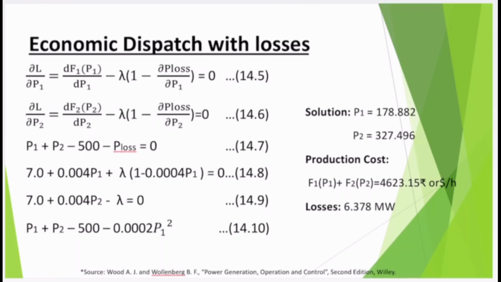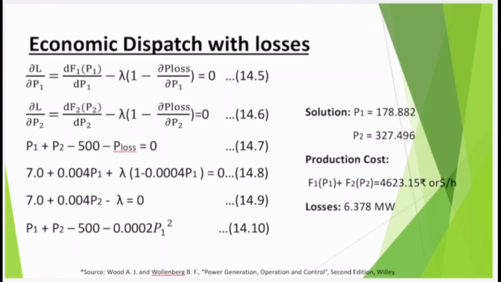Now, once you have this, you can carry out economic dispatch with losses and derive similar equations. The Lagrangian equation needs to be differentiated with respect to P1 and with respect to P2. So you will have dF1(P1) upon dP1 minus lambda times (1 minus dou P loss upon dou P1). When you differentiate P2 with respect to P1, it is 0.